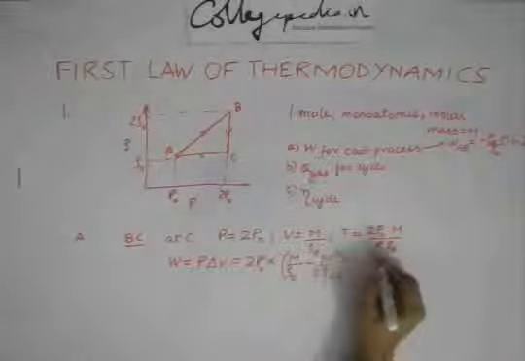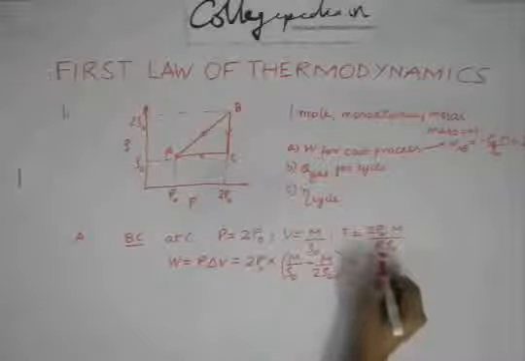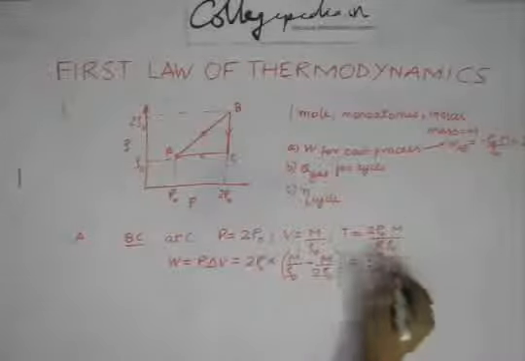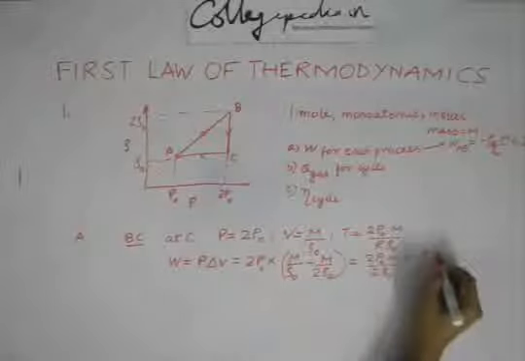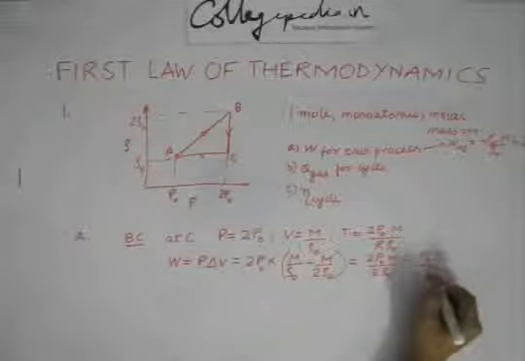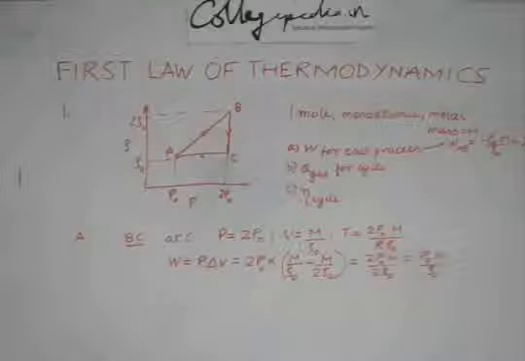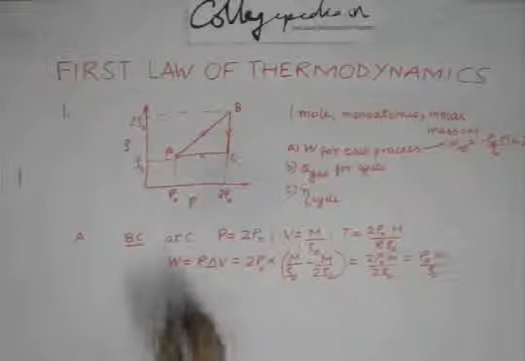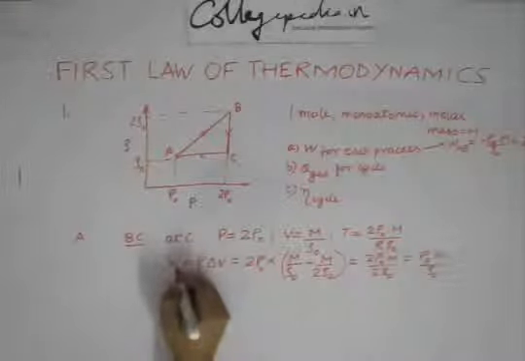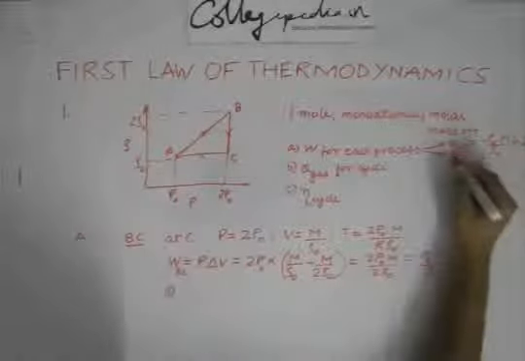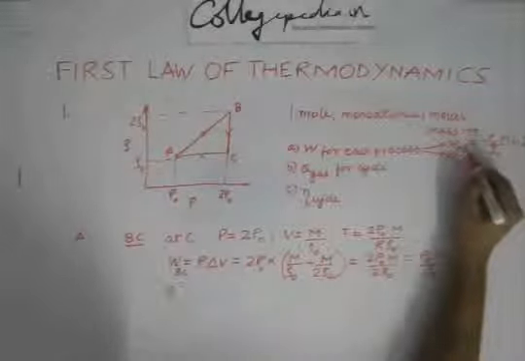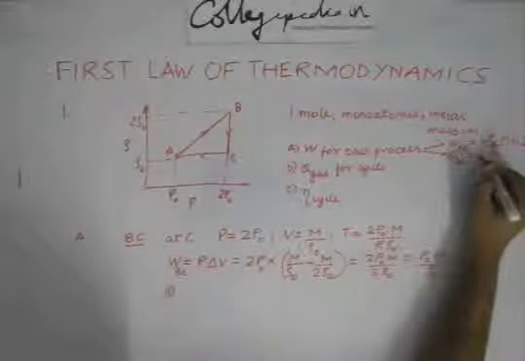So this is going to be 2 P naught times M by 2 rho naught, which is nothing but P naught M by rho naught. This is WBC. So we have found out another part of the first part. WBC is going to be equal to P naught M by rho naught.